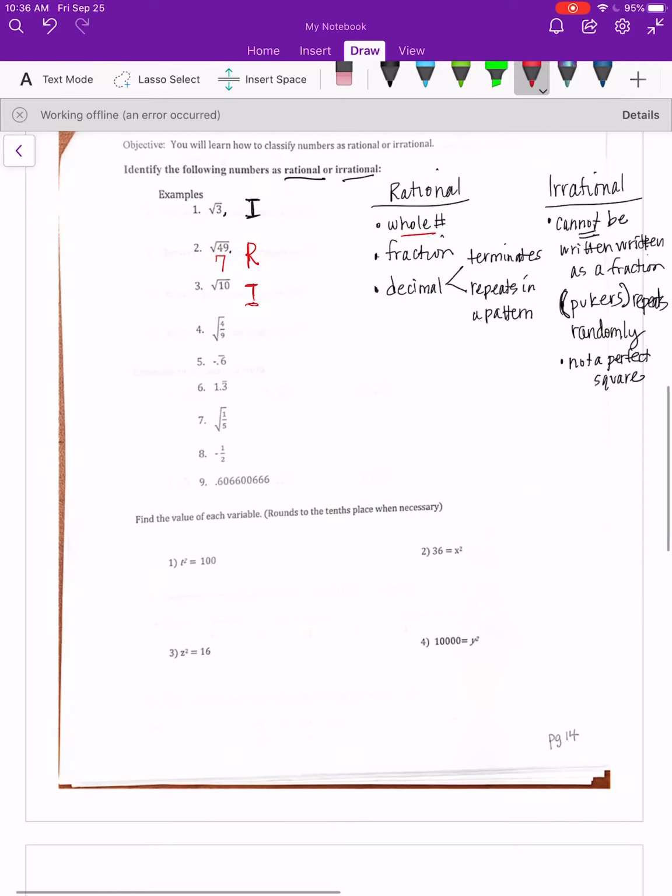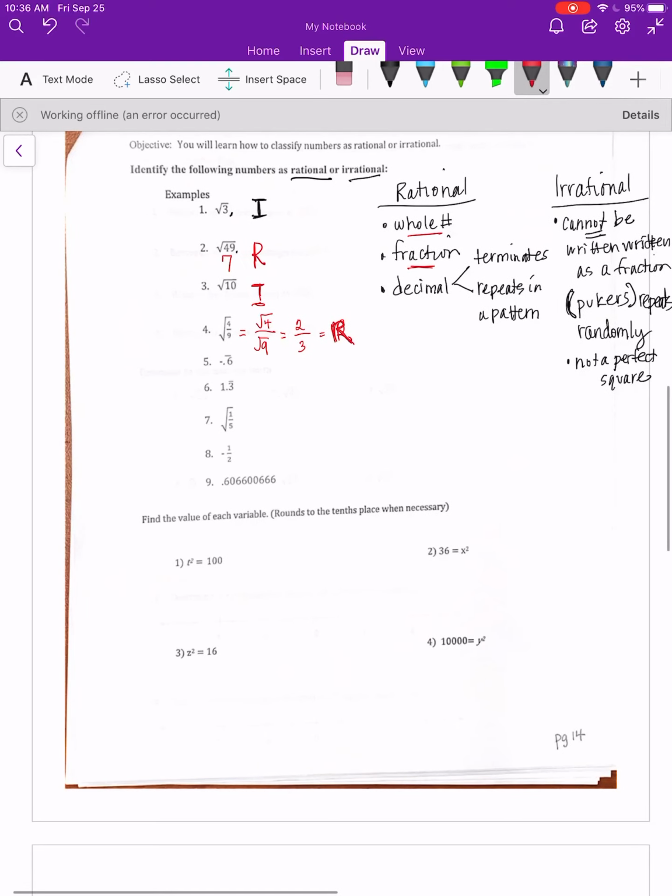Irrational. Now, here's the square root of 4/9. Now remember, you can split this up and do the square root of 4 over the square root of 9. Square root of 4 is 2. Square root of 9 is 3. Now what do you got, ladies and gentlemen? You have a fraction. So this one is rational. Okay.